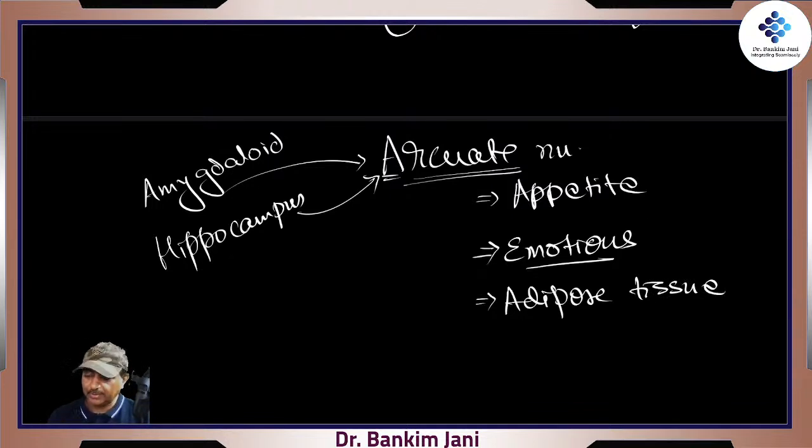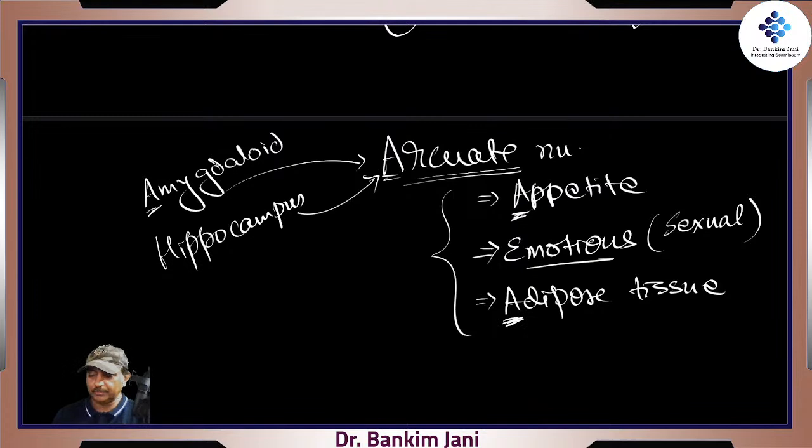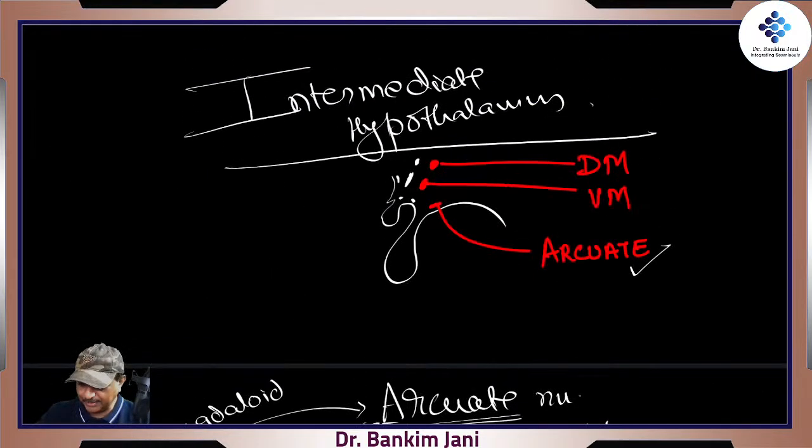Especially the sexual behavior would be handled by this arcuate. So all these things are so closely related. Arcuate, amygdaloid, appetite, adipose tissue, and all animated emotions are associated with arcuate. So done. Next is VM, right?